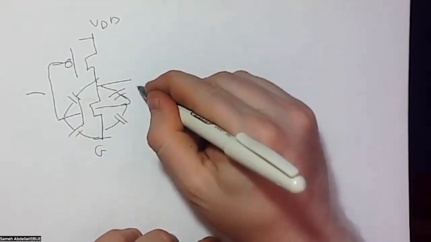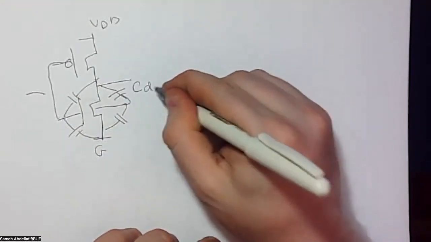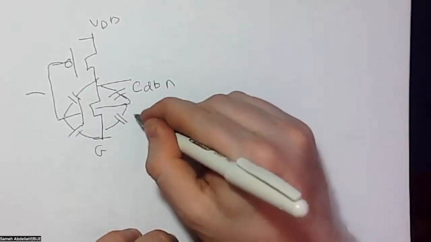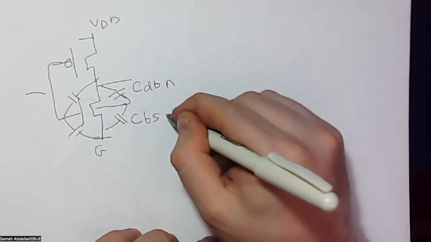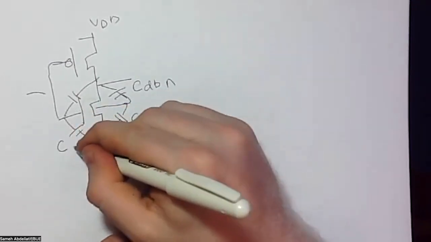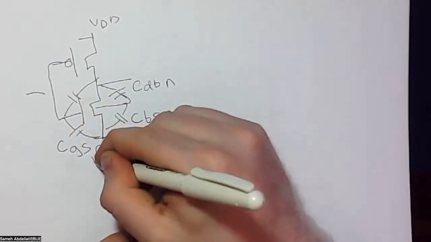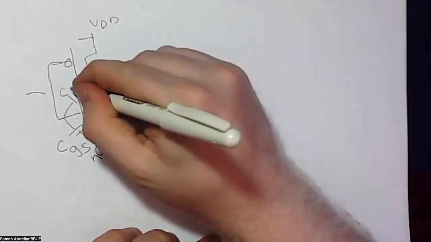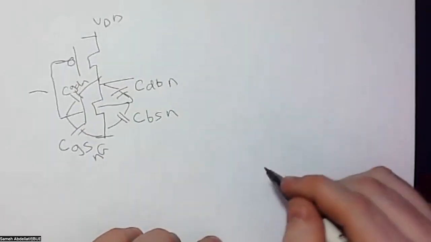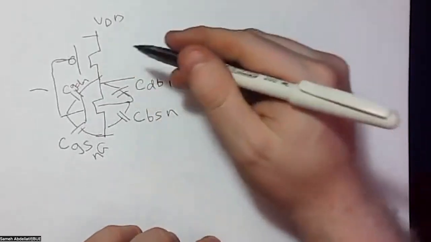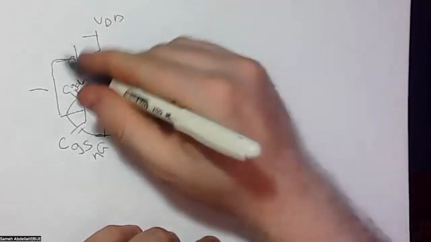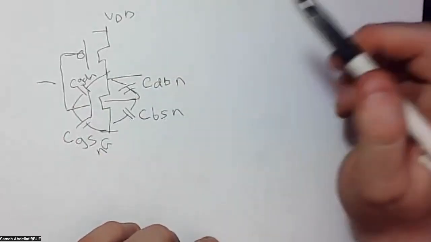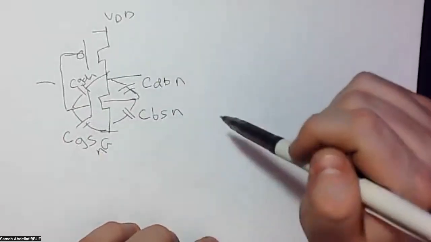So this is CDBN, and this is CBSN, and this is CGSN, and this is CGDN, and so on. And similarly, you can have another four capacitors. Maybe if you open the slides, you will find the whole picture drawn as a schematic for that.